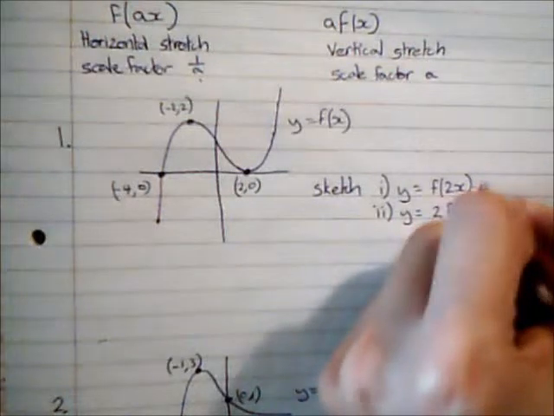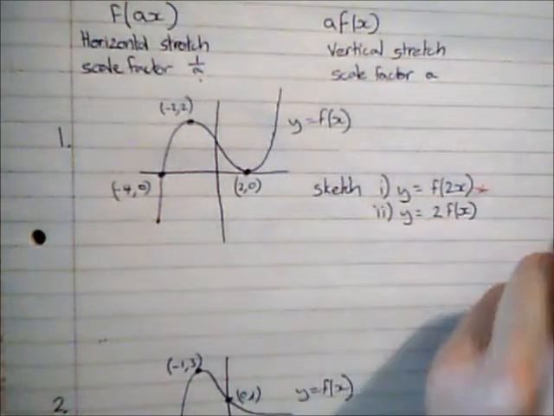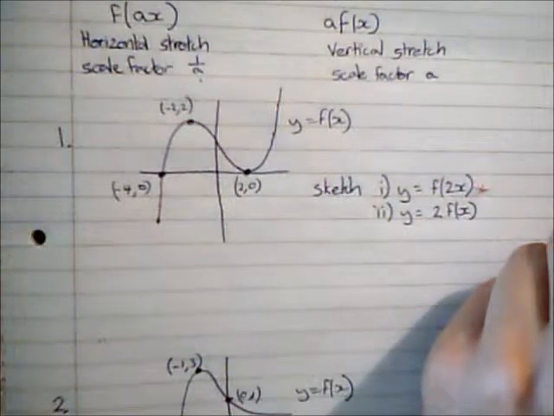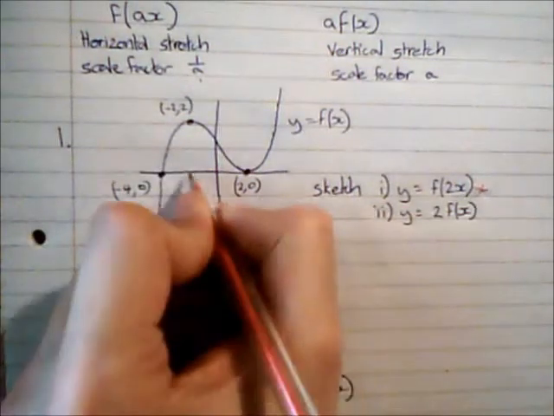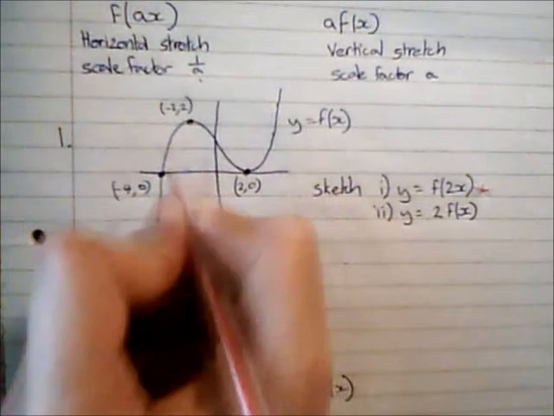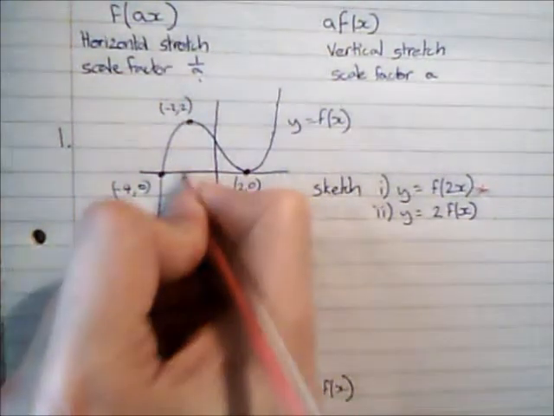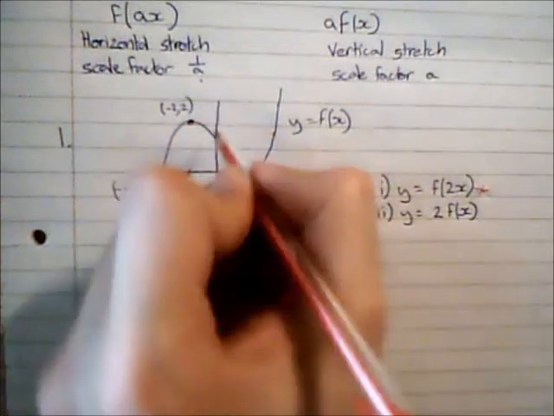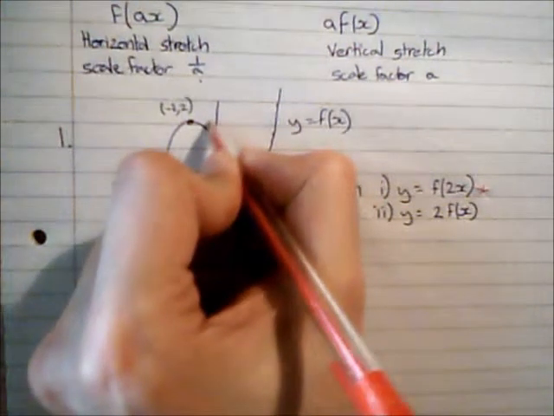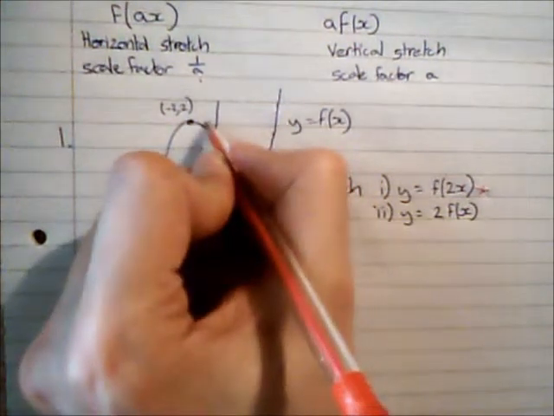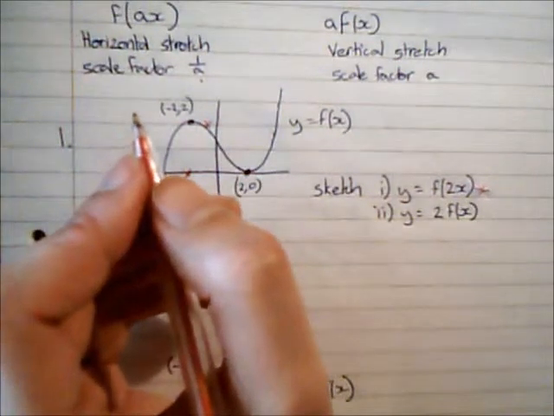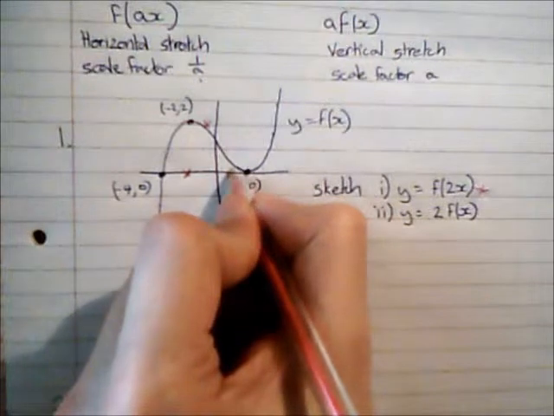So if all the x coordinates are changing twice as quickly, then what's actually going to happen is the intersection is only going to appear half as far away. This turning point is going to be half as far away, and when I say half as far away I'm talking about from the line x equals 0, and this is going to be half as far away as well.